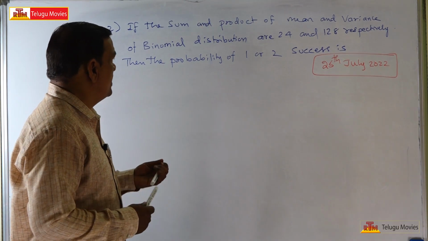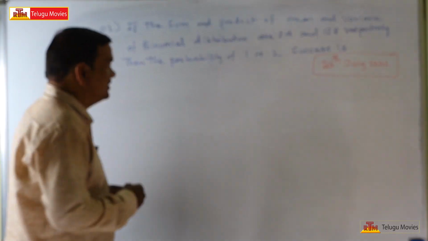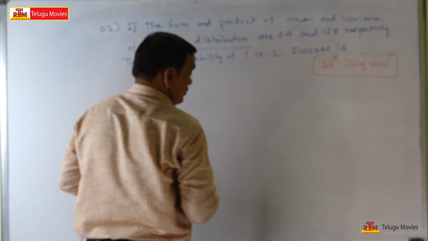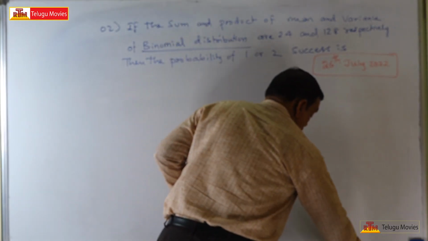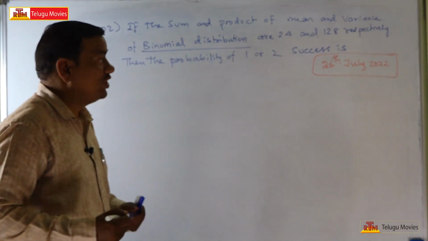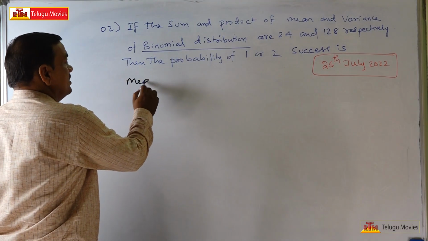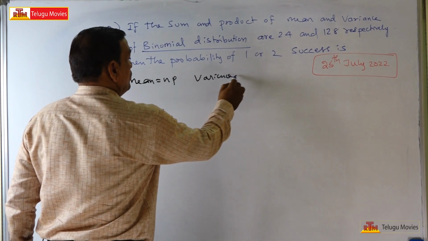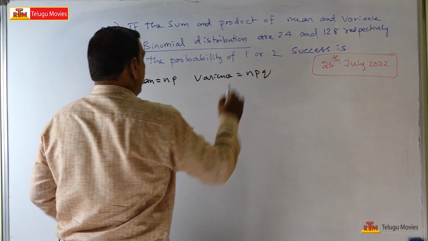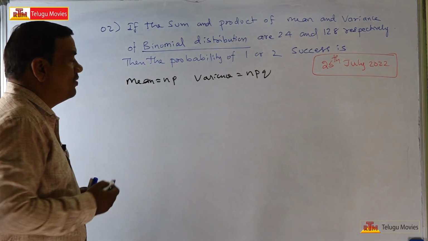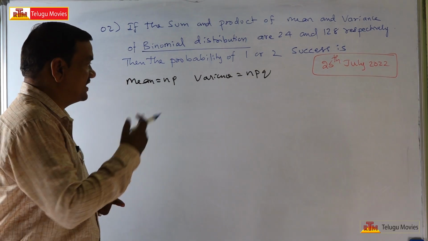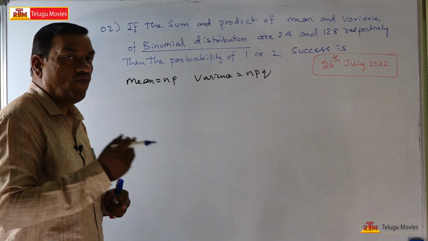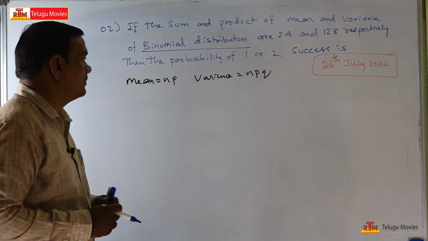First, he is saying that this is a binomial distribution. For a binomial distribution, we know that mean is equal to np, variance is equal to npq, where n is number of trials, p is probability of success, q is probability of failure. That we know.